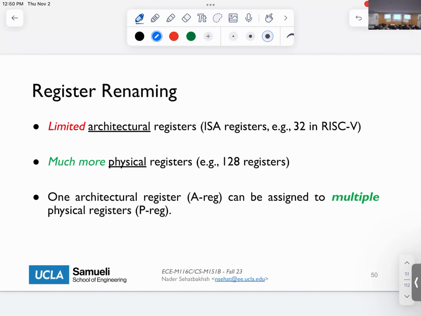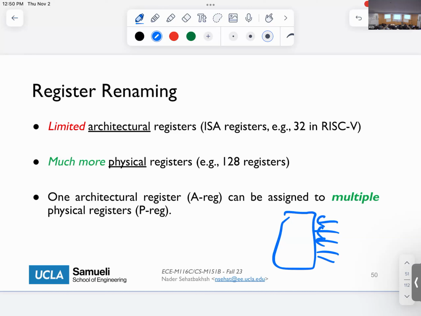Back when I was describing the data path, I told you that these are the same thing, that we implement a register file with exactly 32 registers, and we call them x0 to x31. In reality, though, your register file is actually much, much bigger than 32 registers. You might have 128, 256, 512, and so on. You might have many, many registers, okay?